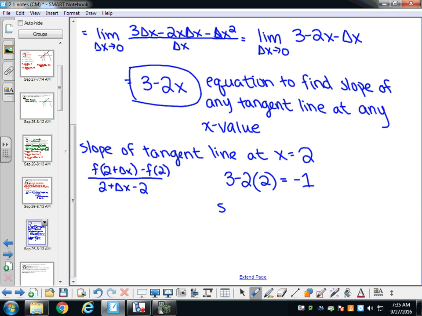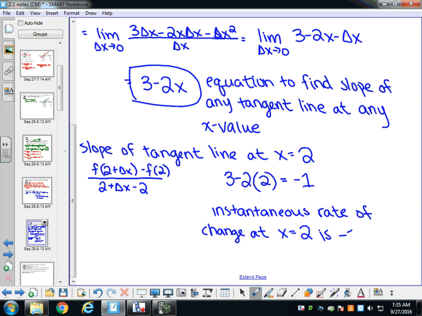So the slope, or the instantaneous rate of change, at x equals 2 is negative 1. That's how fast that curve is moving.